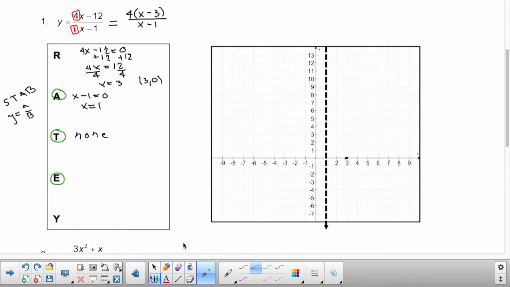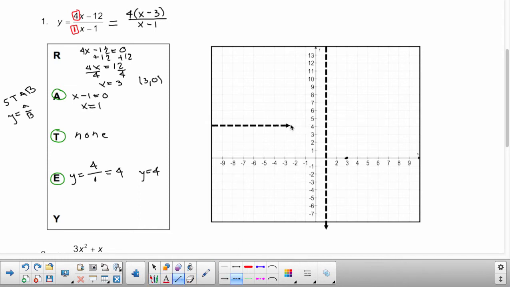So our end behavior will be y equals a, our top one, 4, over 1, our bottom, b. But 4 over 1 is just 4. So that means that at y equals 4, we have a horizontal asymptote. I'm going to go ahead and draw that in as a dotted line.